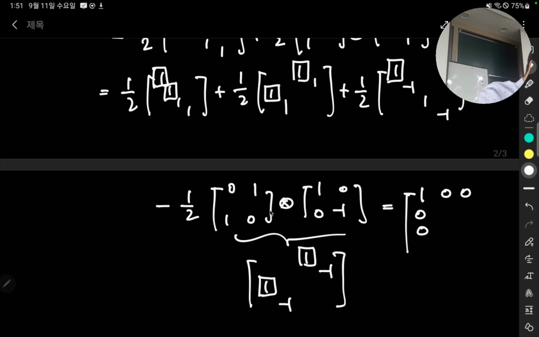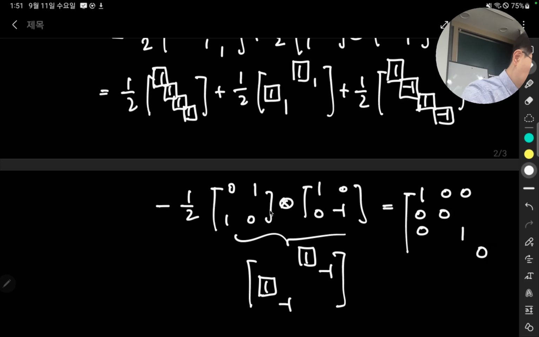It's 1 minus 1 minus 1, so it's 0 again. And the third diagonal? Here we get nothing, here we get 1, and here's nothing. So it's 1 plus 1 divided by 2, so we get 1 here. Okay, we're almost done. How about the last diagonal? We have 1 and minus 1, so it goes 0.